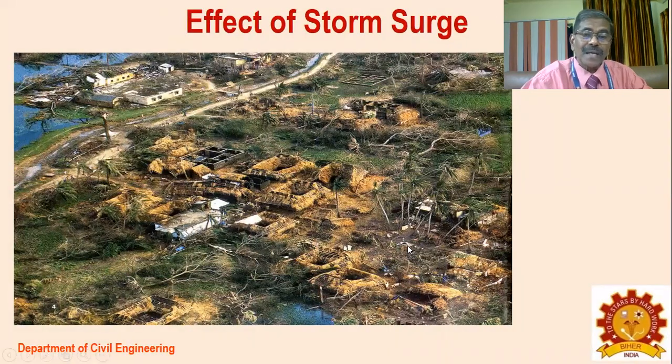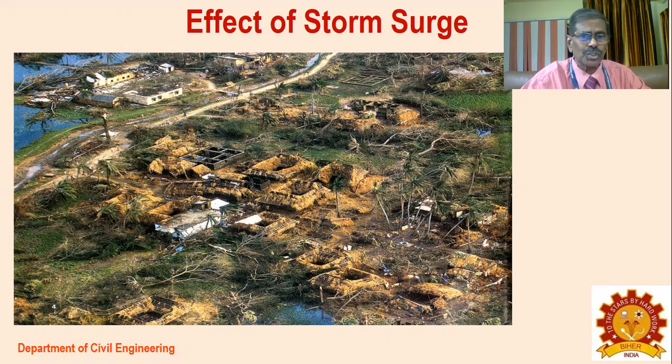And sometimes if it touches the land, not necessarily the water has to enter. The air pressure itself will suck most of the material on the surface and uproot it, and most of the thatched sheds and lightweight structures will be removed. The roof part of the structure will be removed totally, and you see a devastation of the land where the human habitation was heavily affected and heavily spoiled, which incurs a heavy loss to the country.